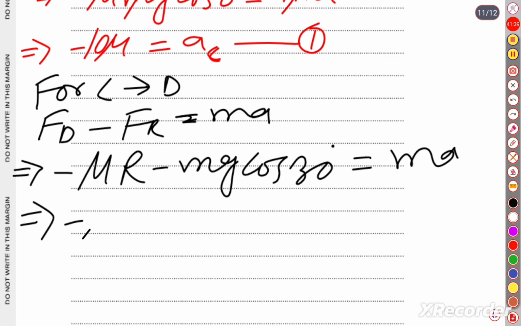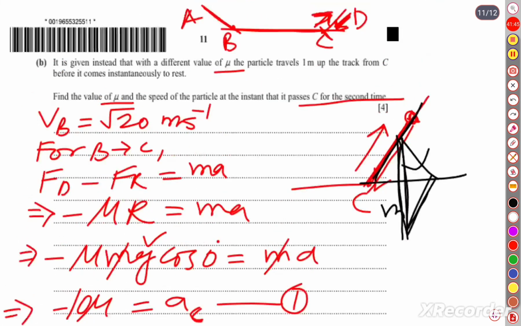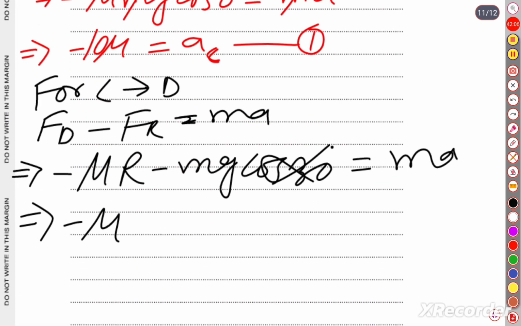Sorry, this is not cos 30, this will be sin 30, because look at this, we are resolving along this line, and this is parallel to our surface. According to the triangle, this is actually the vertical line, so hypotenuse into this will be sine, not cos.